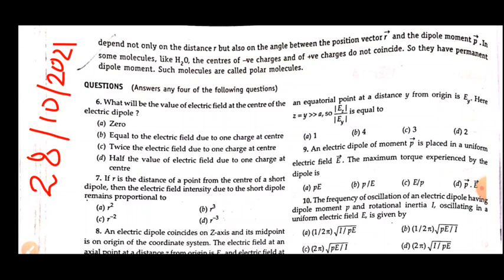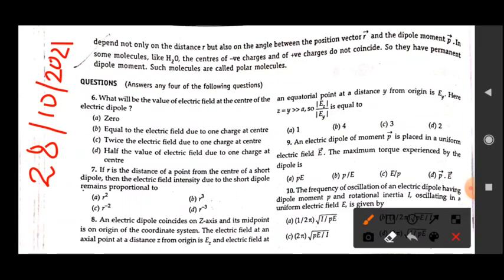Our first question is: what will be the value of electric field at the center of an electric dipole? At the center of an electric dipole, the electric field becomes two times the electric field due to a single charge.